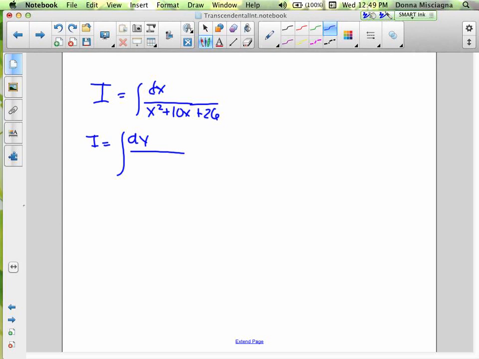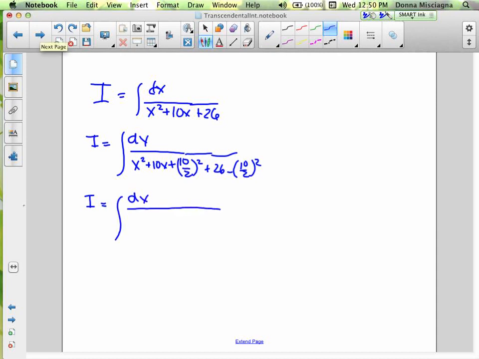So we have now x squared plus 10x plus (10 divided by 2) squared, and then plus 26, and then minus (10 divided by 2) squared. I gotta learn to make that fraction bar longer. All right, so now that'll simplify to x squared plus 10x plus 25, plus 26 minus 25.